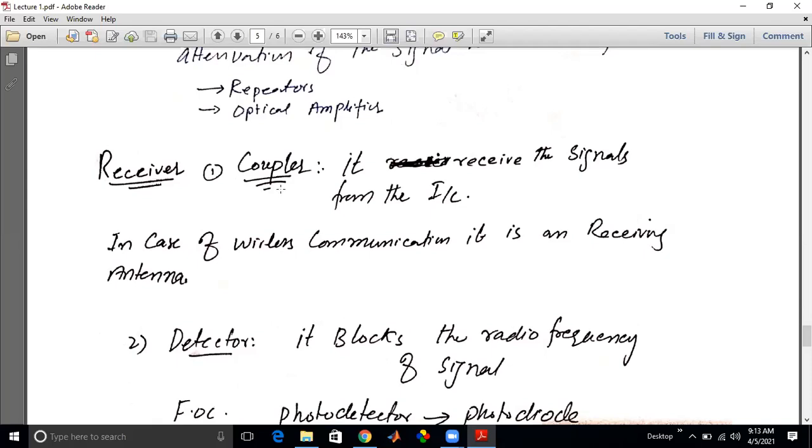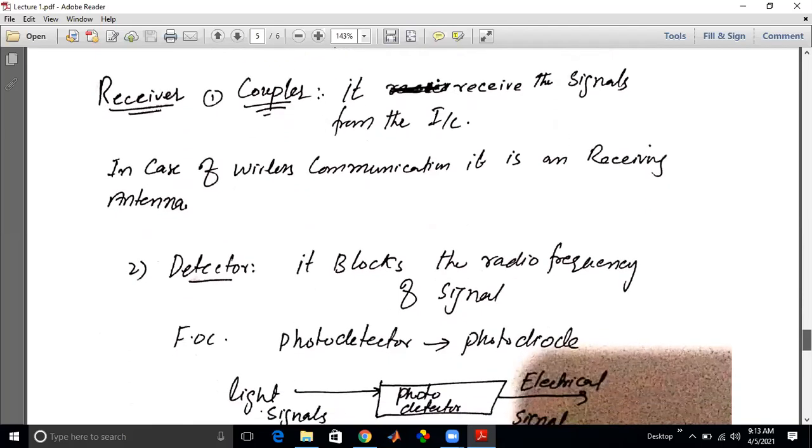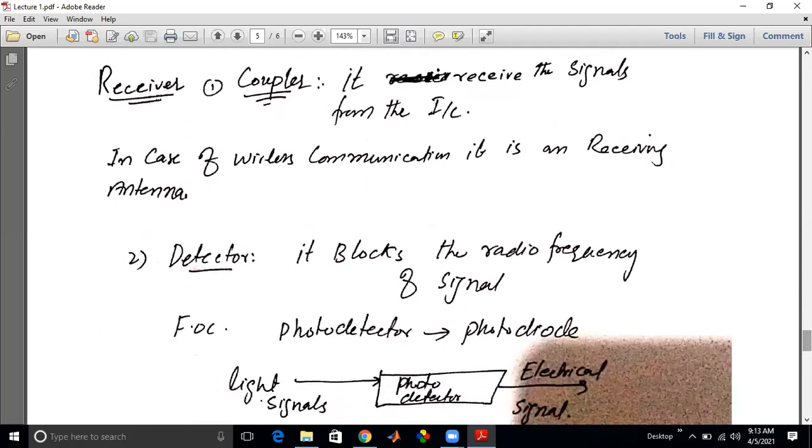The coupler is a receiving antenna in the case of wireless communication. In the case of optical fiber, there will be a photodiode, and it will receive the light signal. So it receives the signal from the information channel. In the case of wireless communication, it is the receiving antenna.